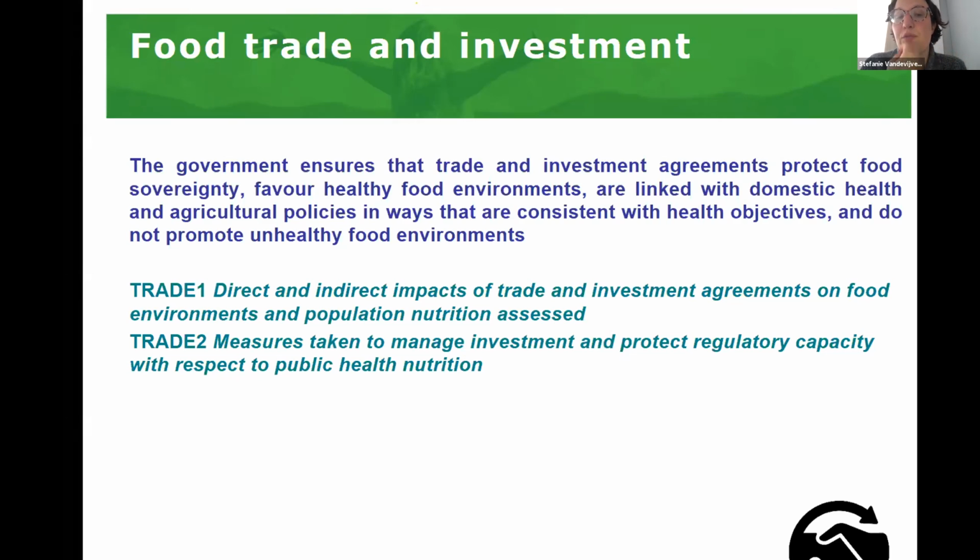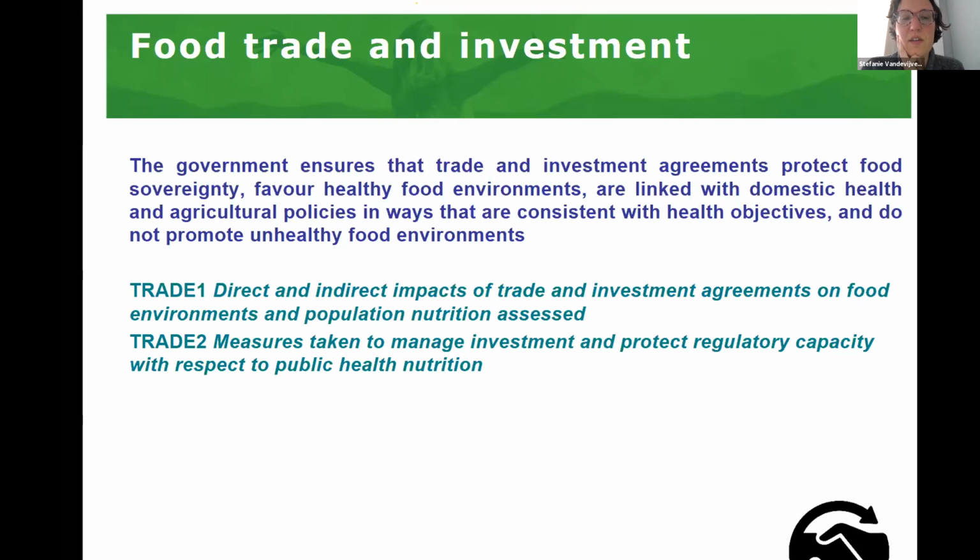It's usually food safety or impacts on the environment that are included, but population nutrition or health more broadly is not something that is really commonly assessed by the government through real health impact assessments.